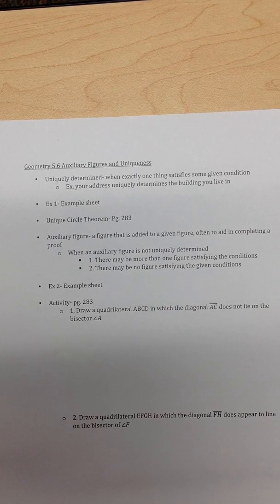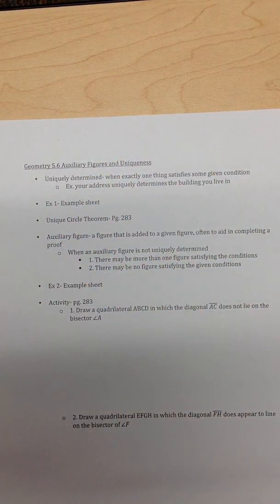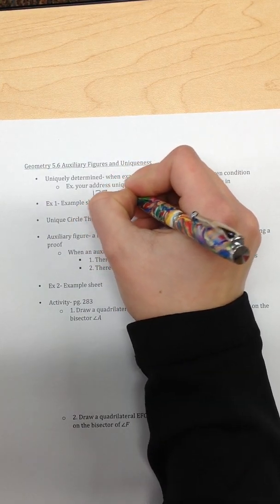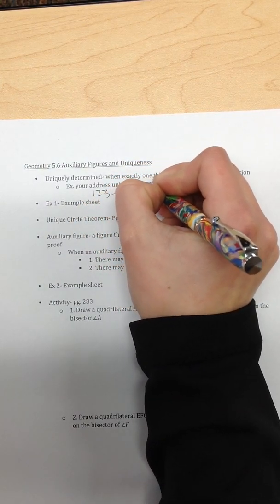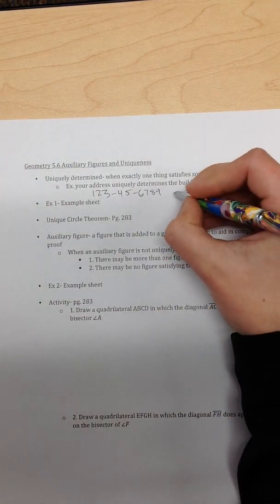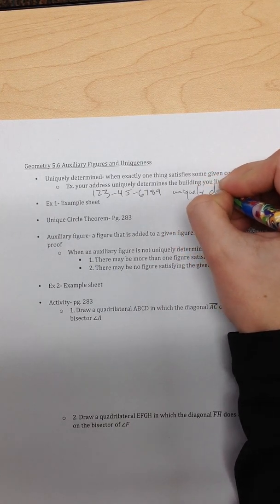Another example for this would be your social security number. So if you had a social security number of 1, 2, 3, 4, 5, 6, 7, 8, 9, that uniquely determines your social security number.